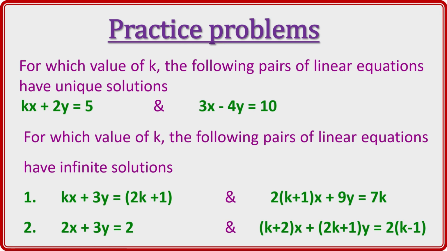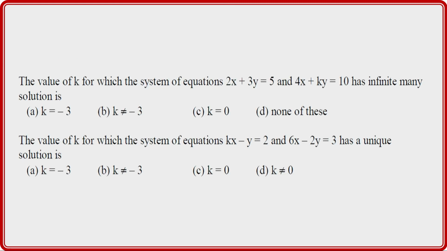So second problem, same, infinite solutions. 2x plus 3y is equal to 2. Second equation, k plus 2 into x plus 2k plus 1 into y is equal to 2 into k minus 1.